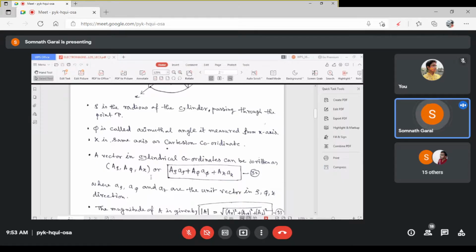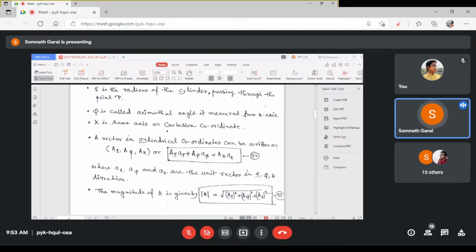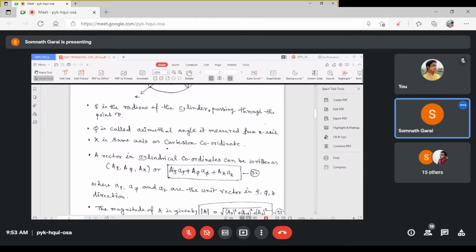A vector in the cylindrical coordinate system is represented by capital A rho into small a rho plus capital A phi into small a phi plus capital A z into small a z.